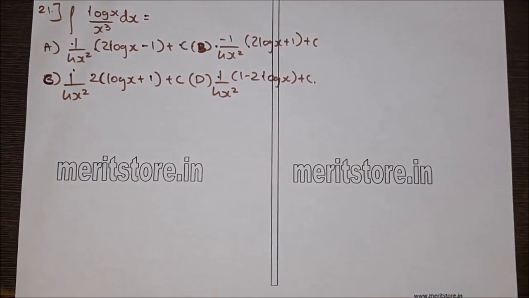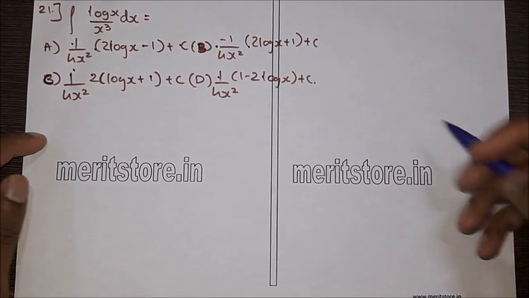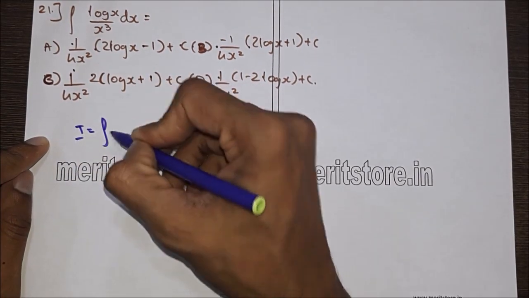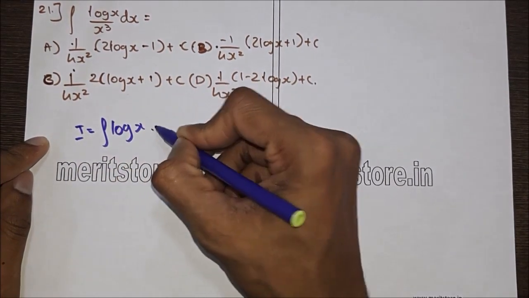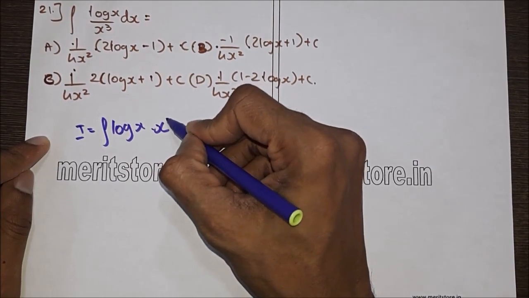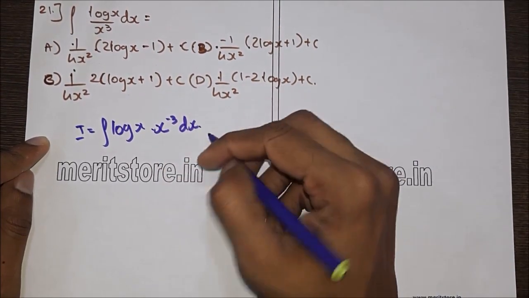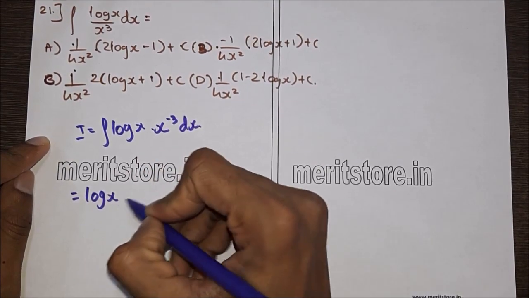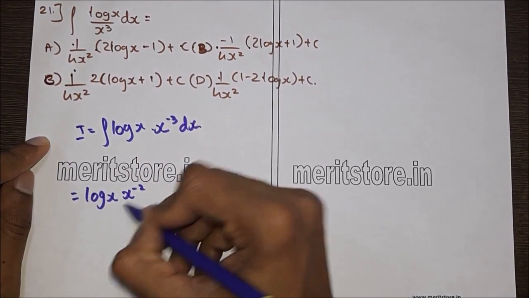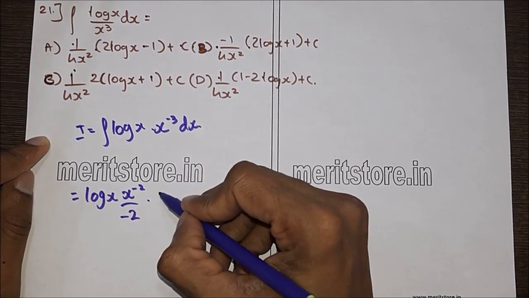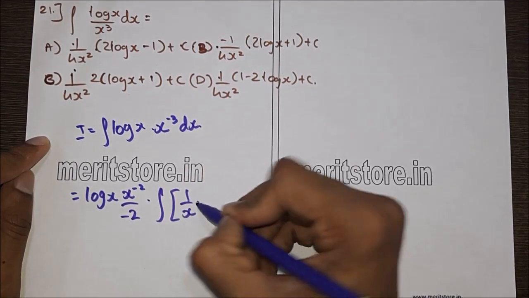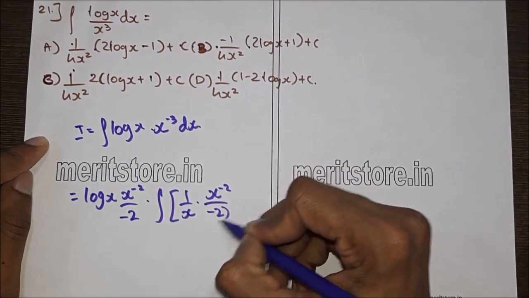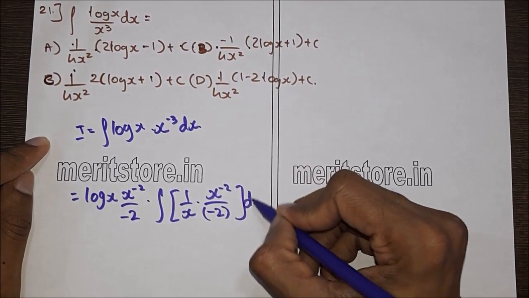Question 21. Integral log x upon x cube dx is equal to, we are given 4 options. We take I equal to integral of log x into x raised to minus 3 dx. Therefore, we integrate, we get log x into x raised to minus 2 upon minus 2, minus integral 1 by x into x raised to minus 2 upon minus 2 dx.